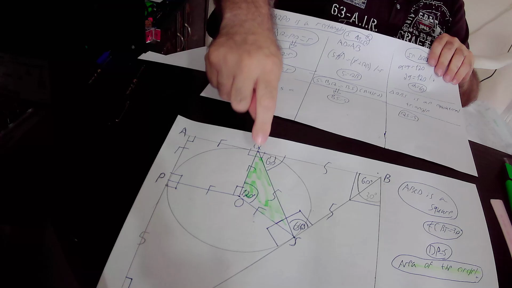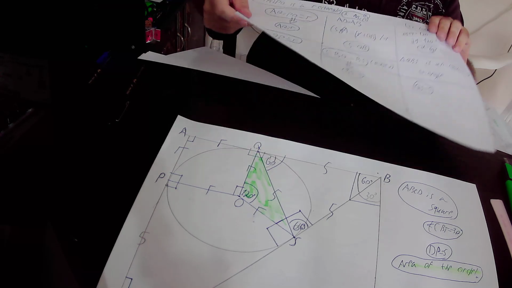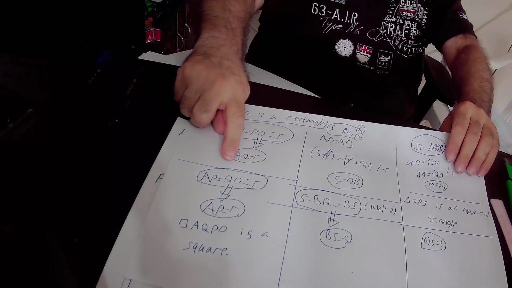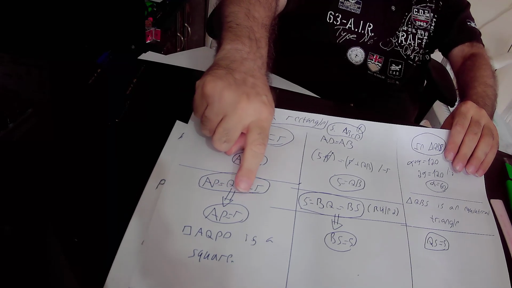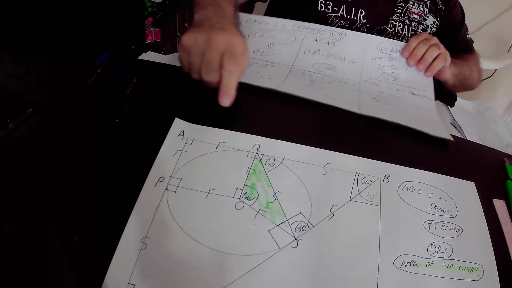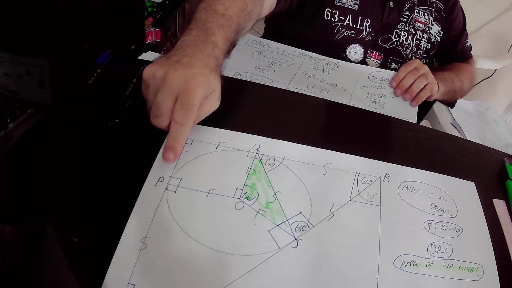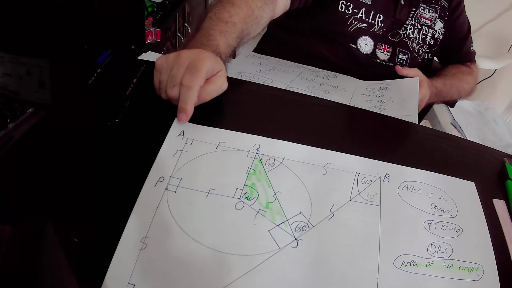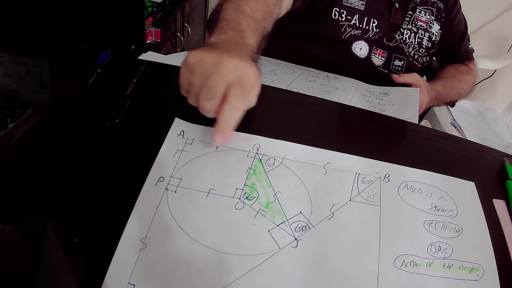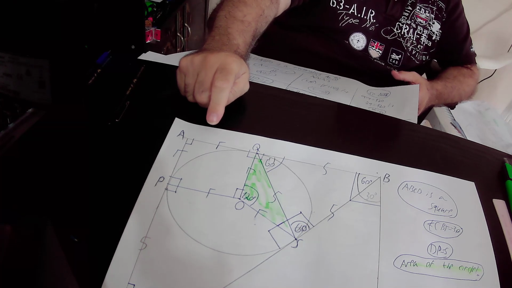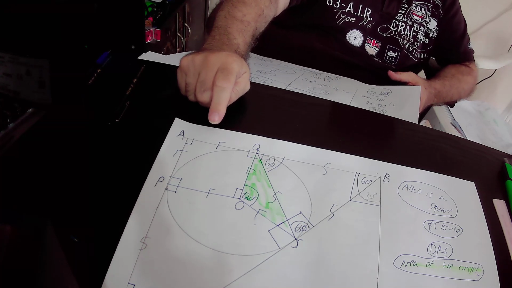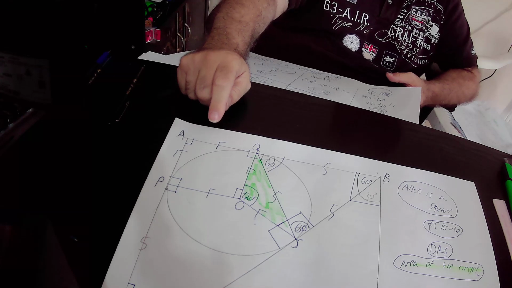But we have already found out that QO equals to R. And from this equation, AP equals to QO equals to R, we derive that AP is also equals to R. So we found out that quadrilateral AQPO is not a rectangle but a square because all of its sides are equal to each other, they are equal to R.